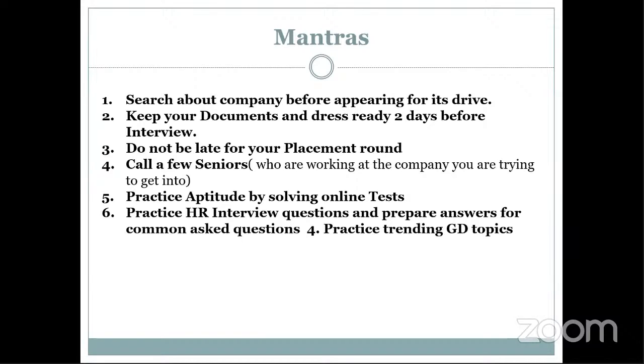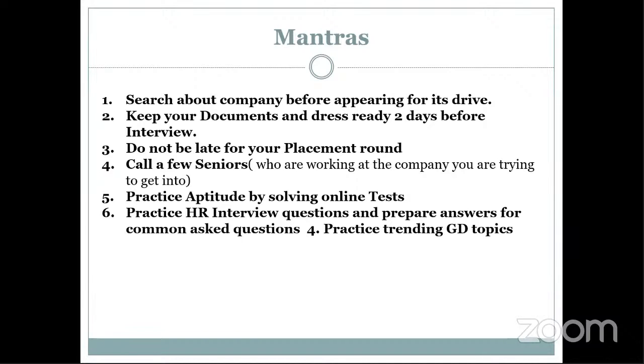Third is do not be late for your placement drive. I have observed many resumes, many CVs. The quality they mention in their resume is that they are punctual, right? And somehow, one way or another, they come late for their placement round, even in the group discussion round, when the HR is sitting there and asking for the introduction of every person in the GD, and we are coming late.